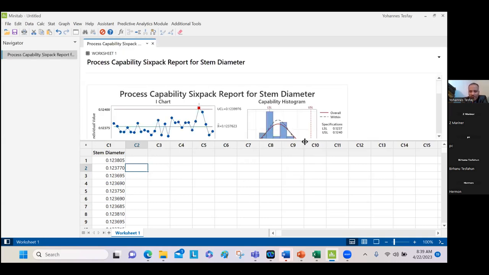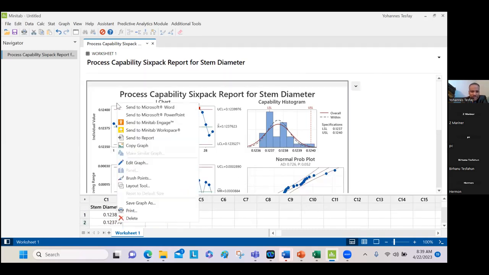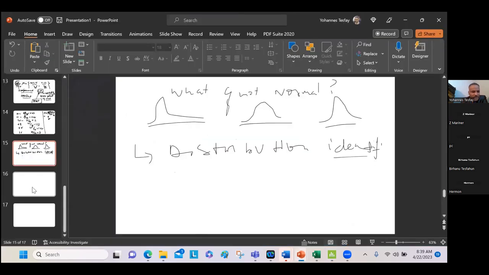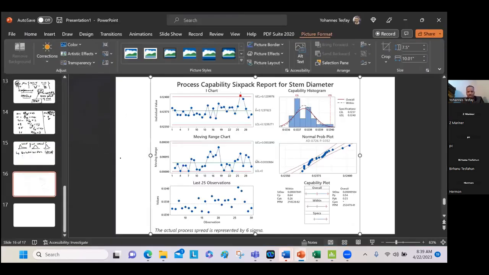So this is my process capability report. I'm going to copy this and put it here.